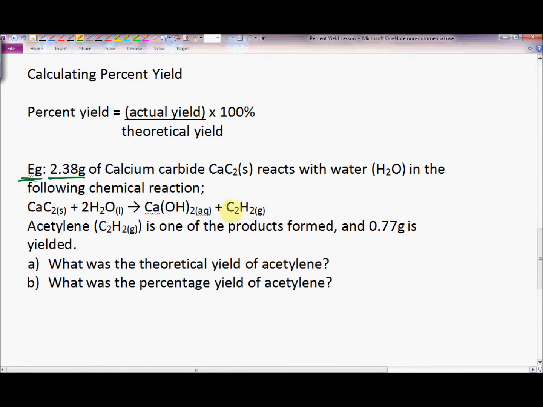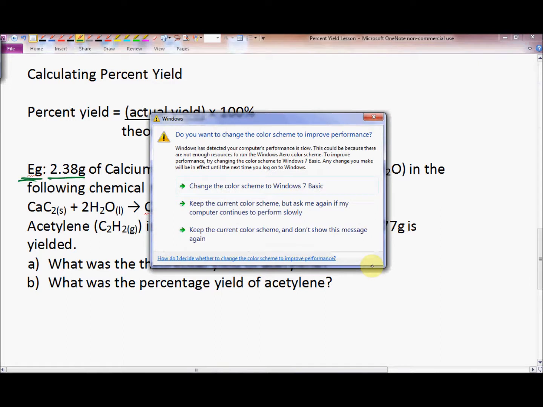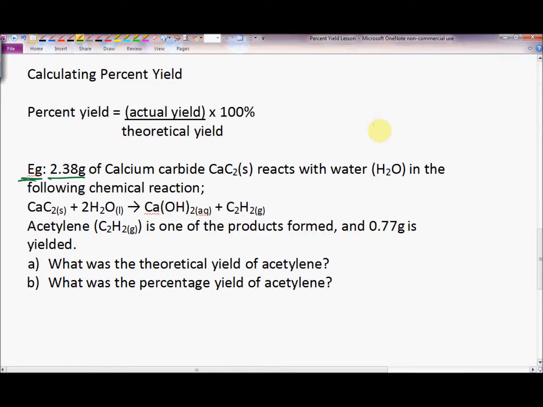This is actually the chemical reaction that we did in class during our reactions unit to study combustion. Acetylene is a combustible gas, and we studied that. So acetylene is one of the products formed, and we see here that 0.77 grams is yielded from the 2.38 grams of calcium carbide.